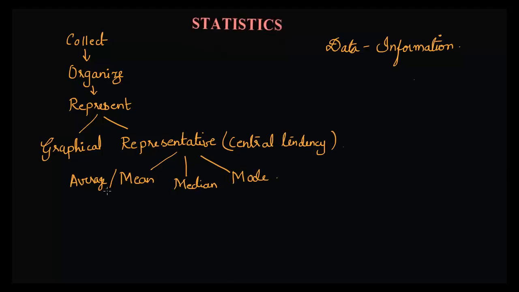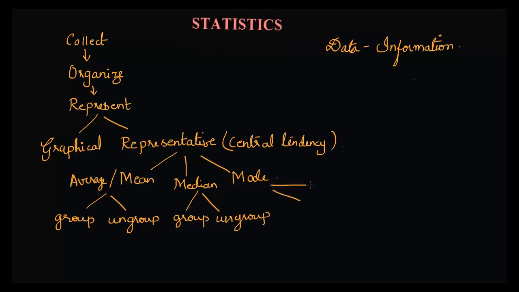And for every central tendency, we will be dealing with grouped and ungrouped data. For median, also grouped and ungrouped data. For mode too, we will be having grouped and ungrouped data.